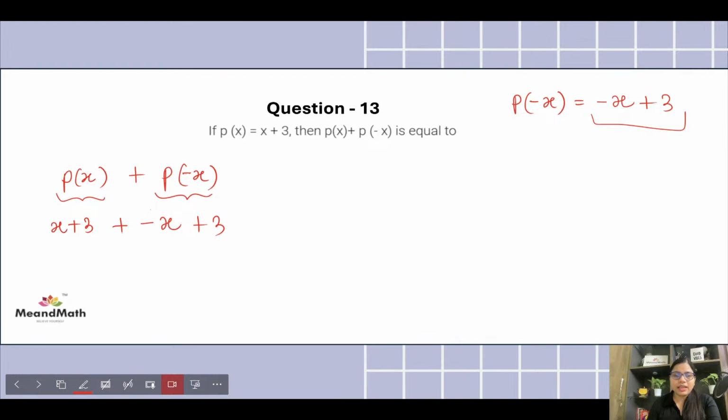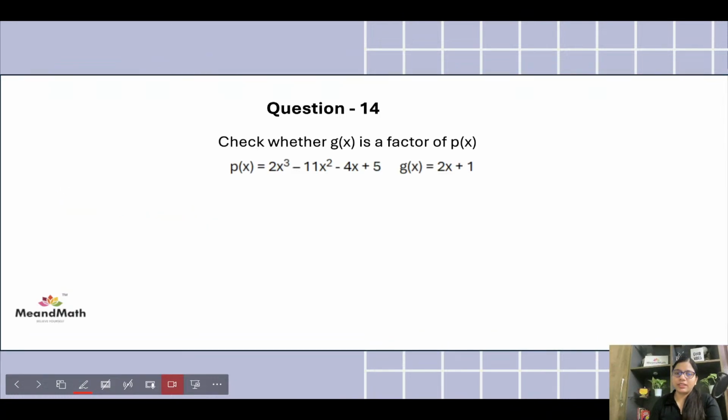So plus minus stays minus, minus x plus 3 and there x plus 3. So your x is going to be cancelled and you will be getting the value 6 there. Did you get the value 6? Just check and tell me. If it is coming 6 there, let's switch to the next question.